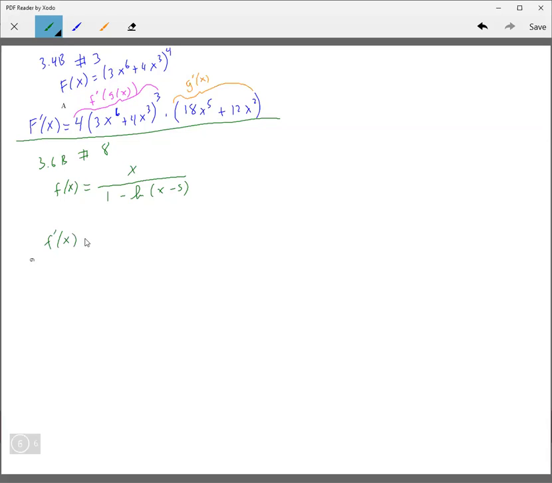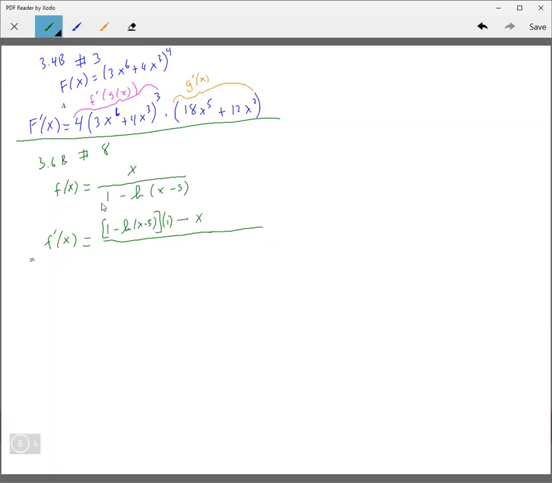Okay, so what we're going to do here is the chain rule and the quotient rule. So that would be low d high. So the bottom one times the derivative of the upper one, but the derivative is actually just 1, minus the upper one times the derivative of the lower one.